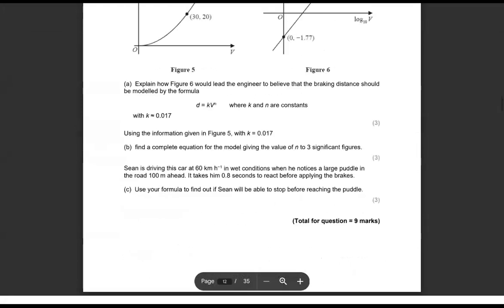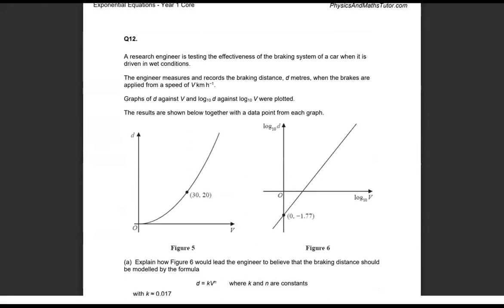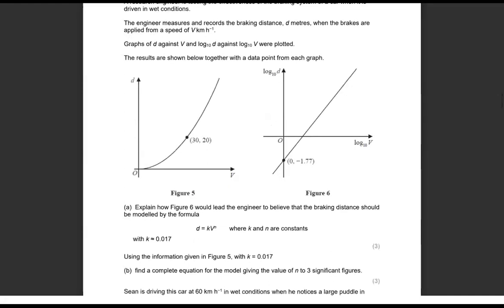You might have this one as your assignment. A research engineer is testing the effectiveness of a braking system of a car when it's driven in wet conditions. The engineer measures and records the braking distance, D meters, when the brakes were applied. The brakes are applied at a speed of V kilometers per hour. The graph of D against V and log D against V were plotted.